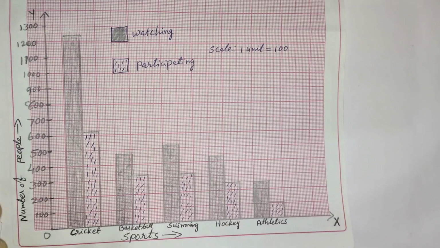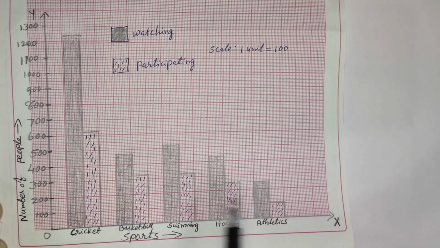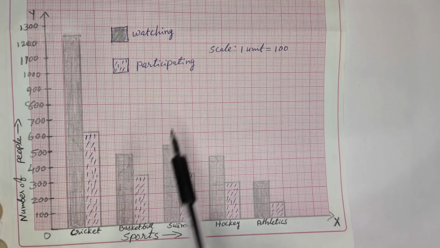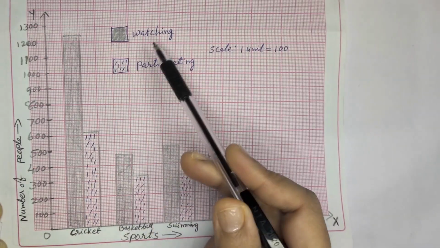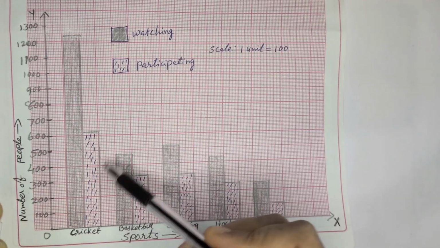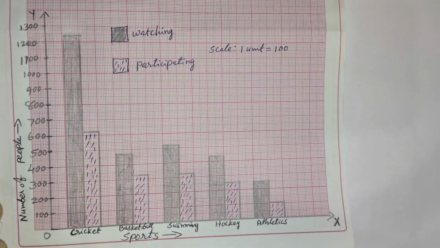And scale 1 unit is equal to 100. Cricket, according to the table, cricket, basketball, swimming, hockey, athletics. And this shade representing watching, the other one representing participating.